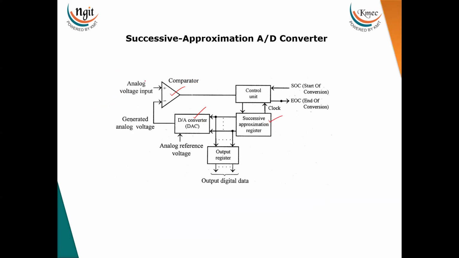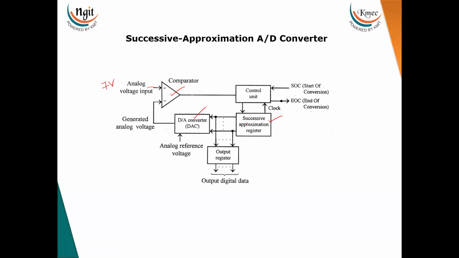Whichever signal you want to convert into digital form, you have to apply at this terminal as the analog voltage input. Now, if I want to give 9 volts, then this 9 volt is compared using this comparator. It compares it with the generated analog voltage. How does this generated voltage come? Here we have a successive approximation register.